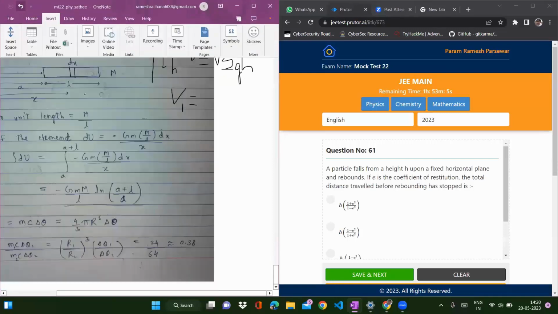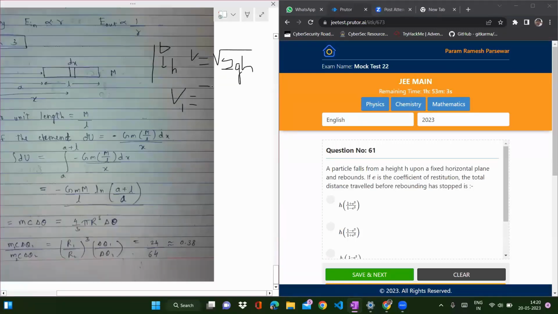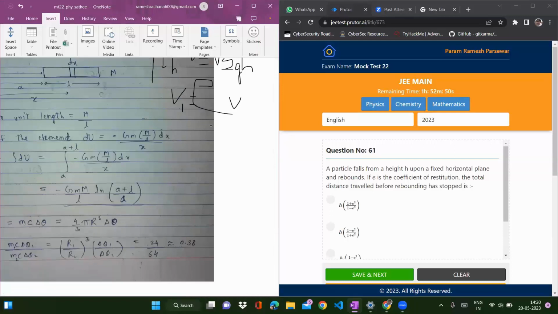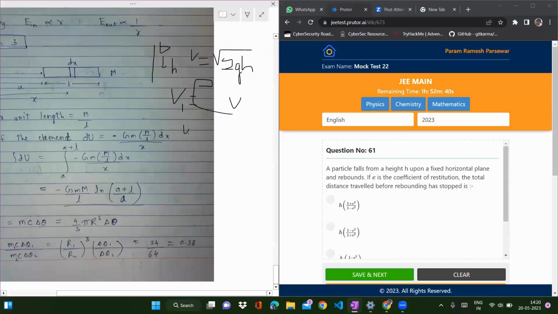It will rebound with this velocity and go up, and then again fall. While rebounding, as the velocity was v1, when it comes back the velocity will also be v1. At the top the speed will be 0, and once again it will fall from the height.